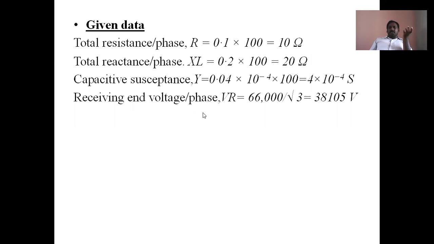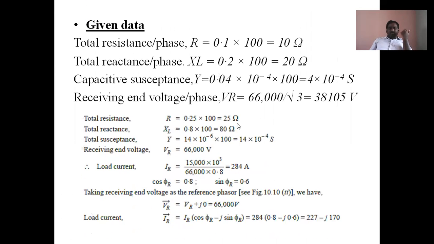Receiving end voltage per phase VR is 66,000 by root 3. It is a 3-phase system, not single phase, so we always calculate per phase values. The given value is the line value, so V phase equals VL by root 3, that is 38,105 volts.